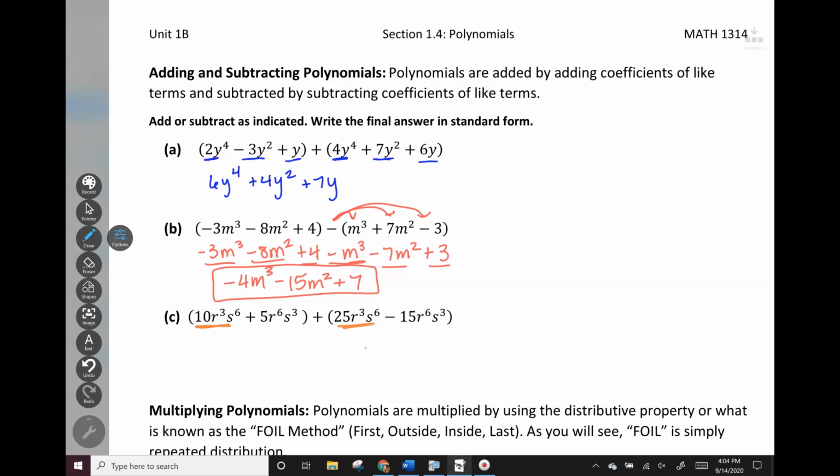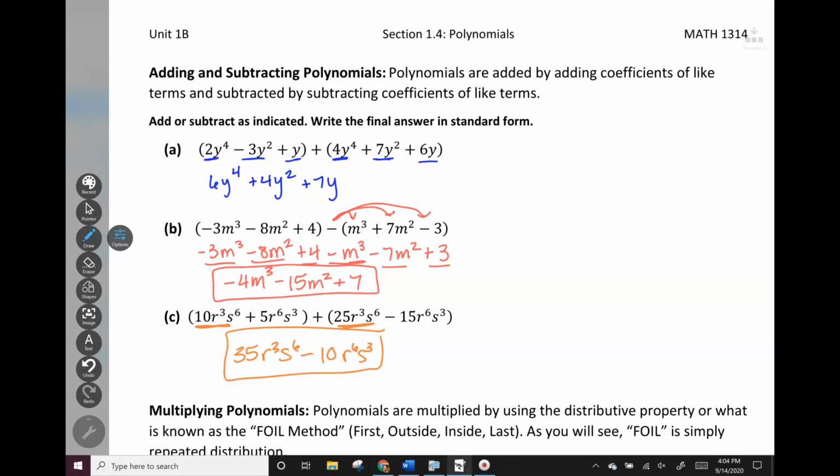So right here I can combine those two. That'll be 35 r cubed s to the 6th. And then I can combine r to the 6 s cubed with r to the 6 s cubed. Okay, so we can combine those two, gives us minus 10 r to the 6 s cubed.